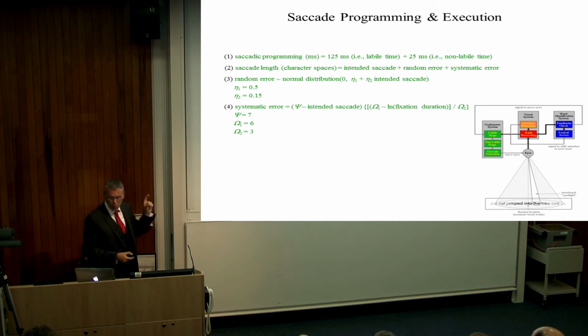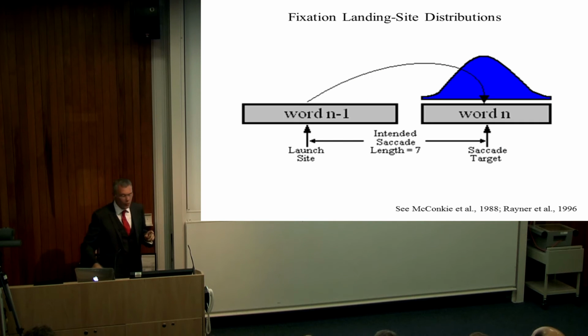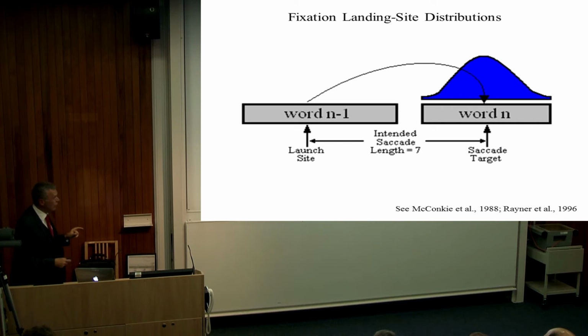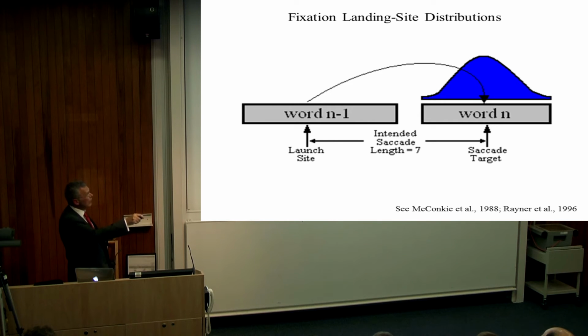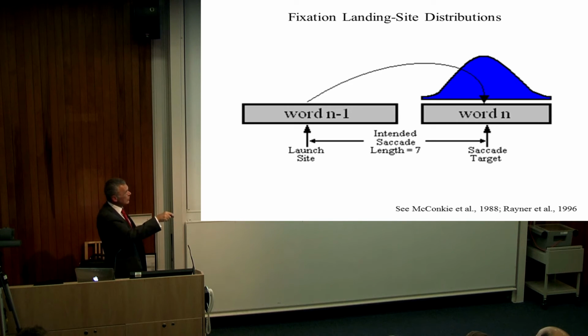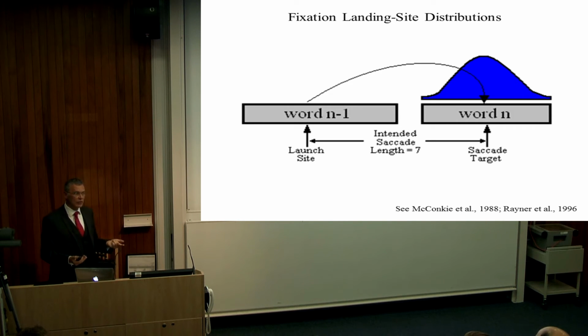Putting all of that together, the model predicts, consistent with what we observe, that as the eyes move from one word to the next, they'll be directed towards the center of the targeted word, but the actual landing site distribution of the fixations is going to be approximately Gaussian in shape, with missing tails that reflect cases where the eyes either undershot or overshot their target. And this happens for saccades that are approximately 7 character spaces in length, which is the optimal saccade length in English.